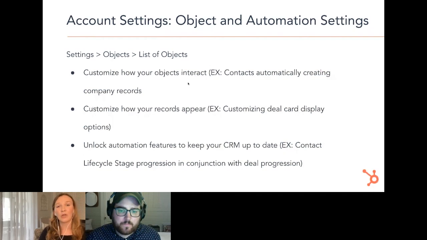Then when you move that deal into the closed won stage of your deal pipeline, it automatically marks that contact as a customer by moving it from opportunity to customer. Again, that's just some efficiency for you. If we're going to be segmenting our database, like we talked about earlier, from prospects to customers, this is a really streamlined way to do that without having to change any properties manually.